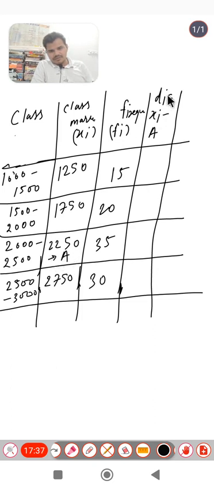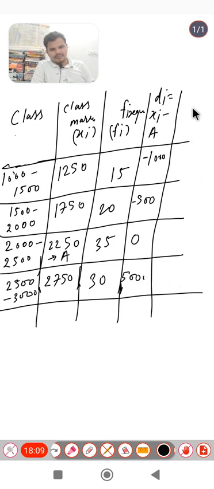So di is xi minus a: minus 1000, minus 500, 2250 minus 2250 that is 0, and 500. So we got the different values.